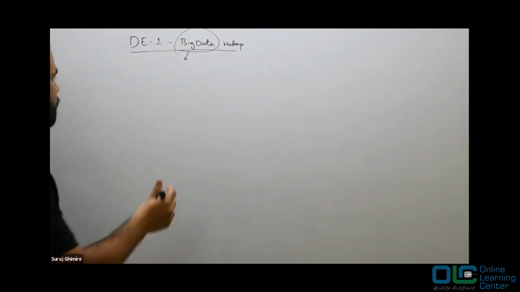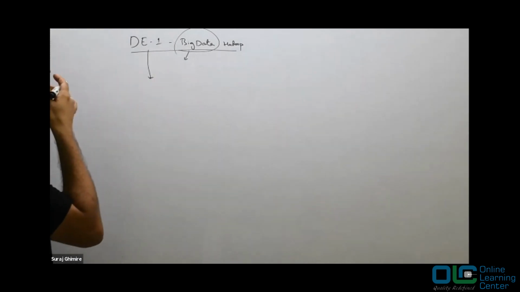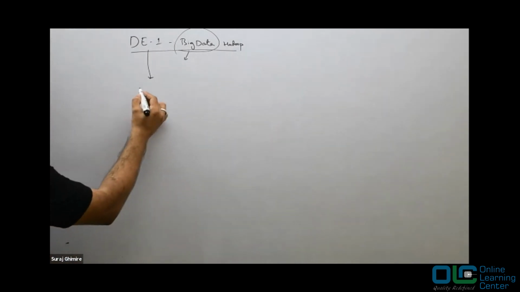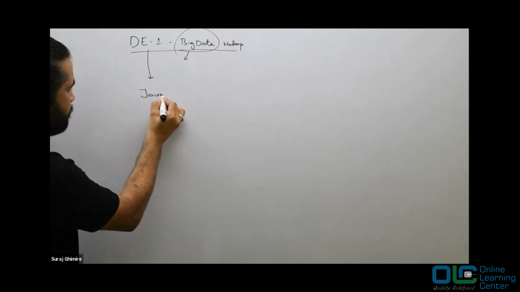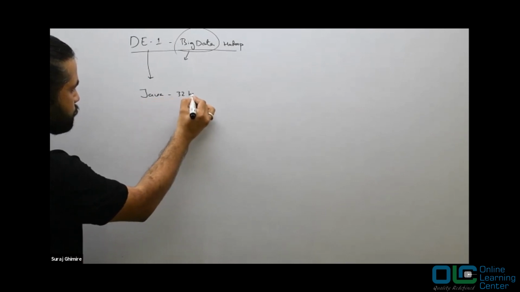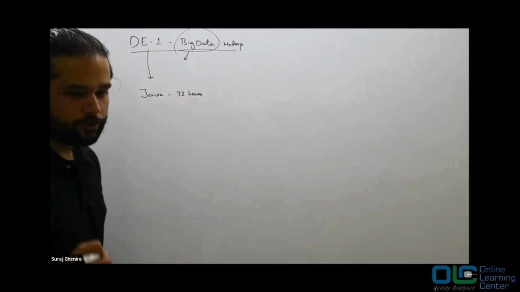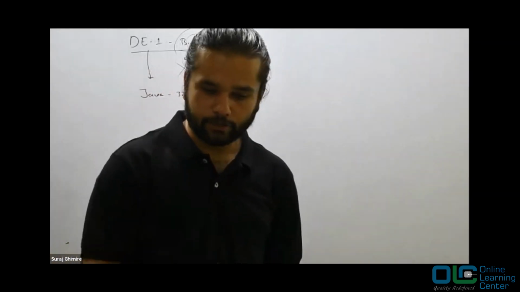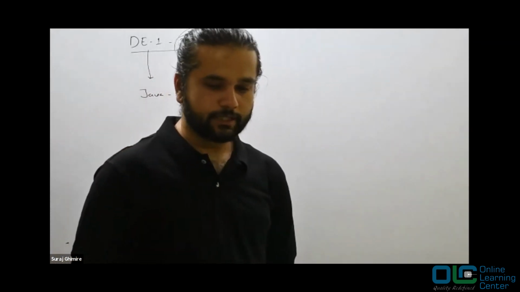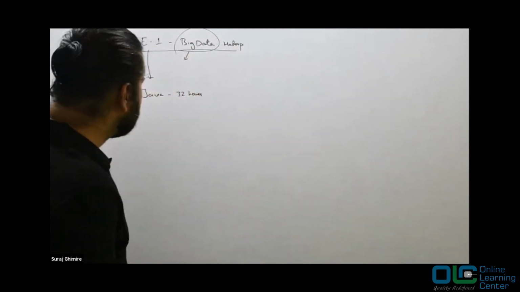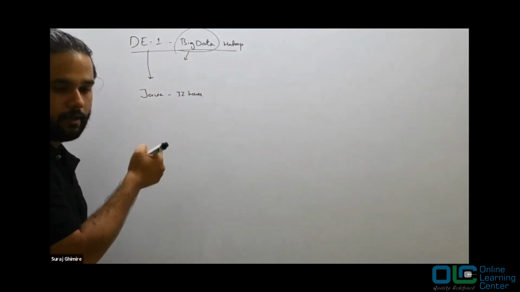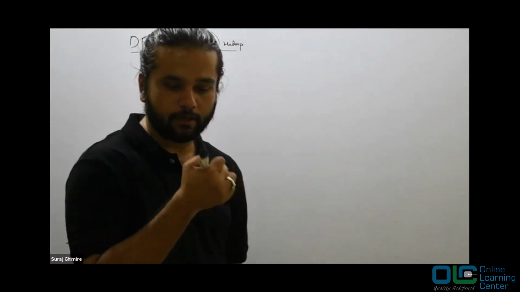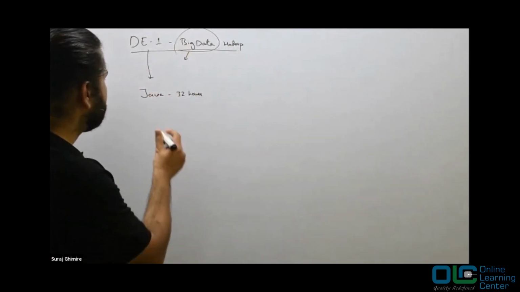Our data engineering part one would start in this way. I've already given you a 32-hour Java course, which you will finish at your own speed, but try to finish it as much as possible, because by the time we start a solid MapReduce concept, you need to be well versed with Java.